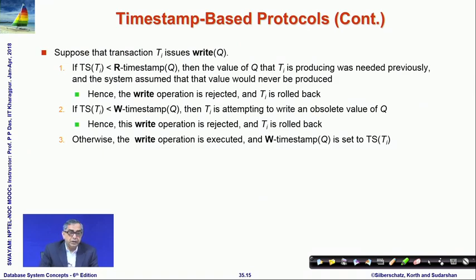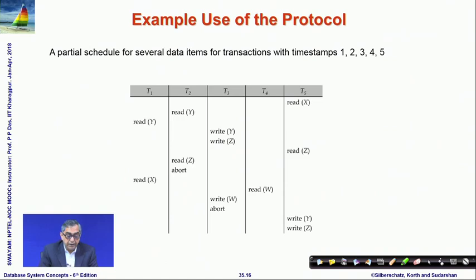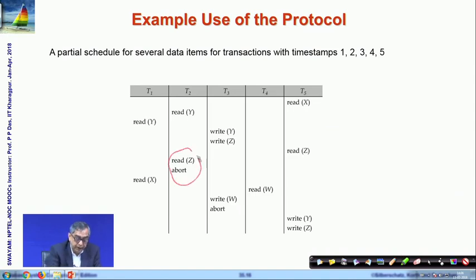So, this is a very simple protocol for read and write, and here is an example shown in terms of this protocol. For example, this wanted to do a read. This is the time where the transaction had started.